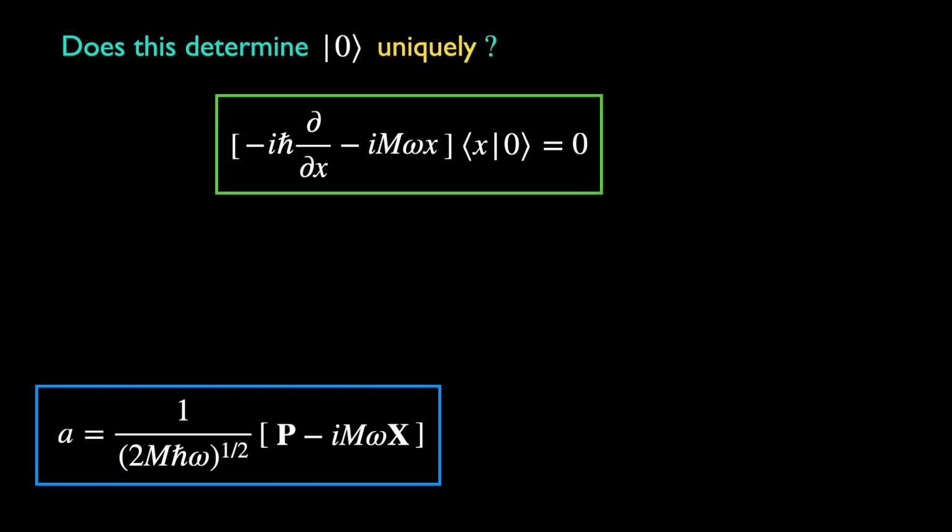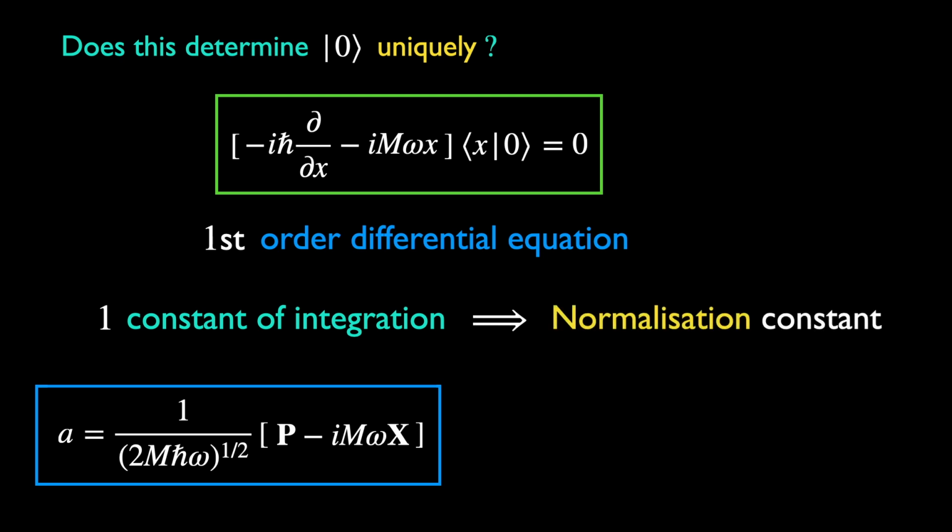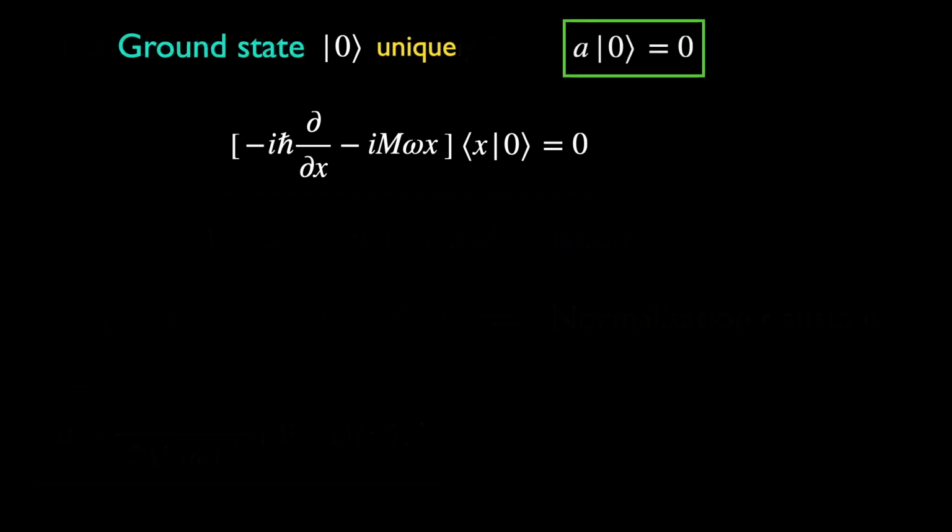And we end up with a first-order differential equation. This has only one constant of integration, which would be fixed by the normalization condition. Thus, we have shown that the condition in the green box does indeed give a unique solution for the ground state.